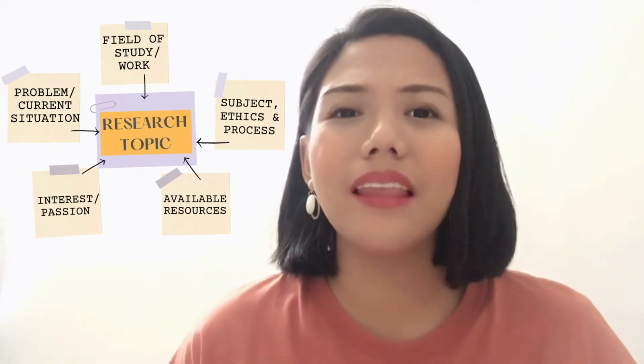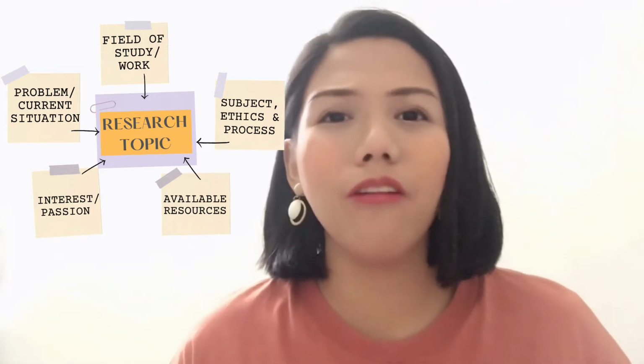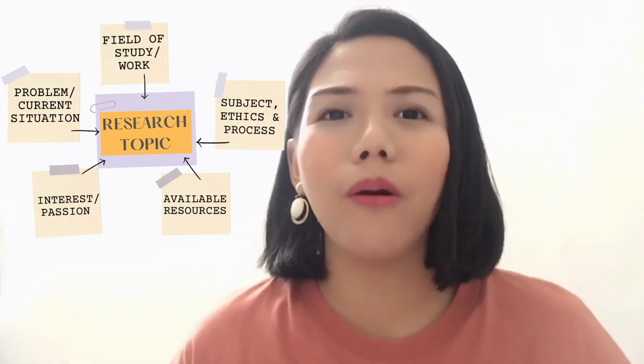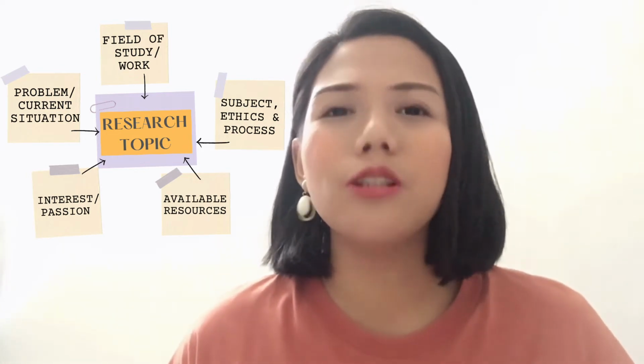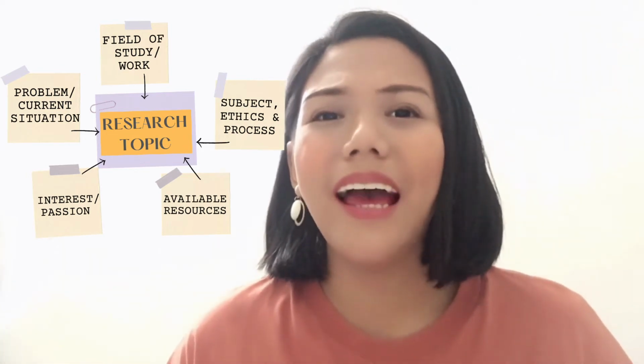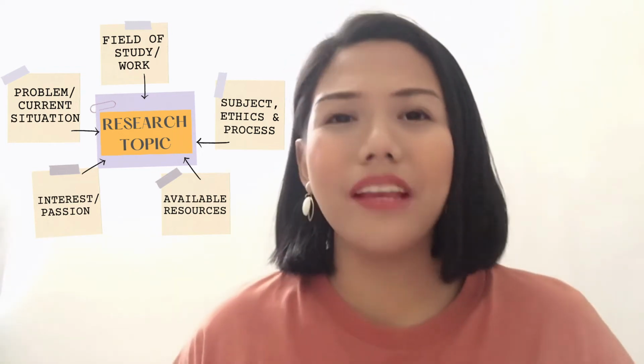Also, consider the reliability and the validity of your findings. At the end of your study, will you be able to prove your study reliable and valid? Think of these things. Consider this highly. These are the top 5. Number 1 is your field of study, your field of work. Number 2 is the problem situation or the current situation in your field.